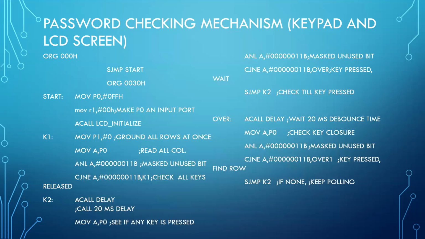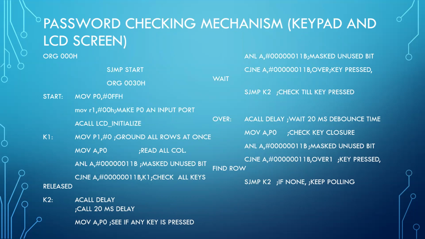So this is the first module, that is the password checking mechanism, which makes use of keypad and LCD interfacing with 8051 microcontroller. On the screen, you can see the code implementation of our project, where we have initialized P0 as an input port for reading the data from the keyboard.